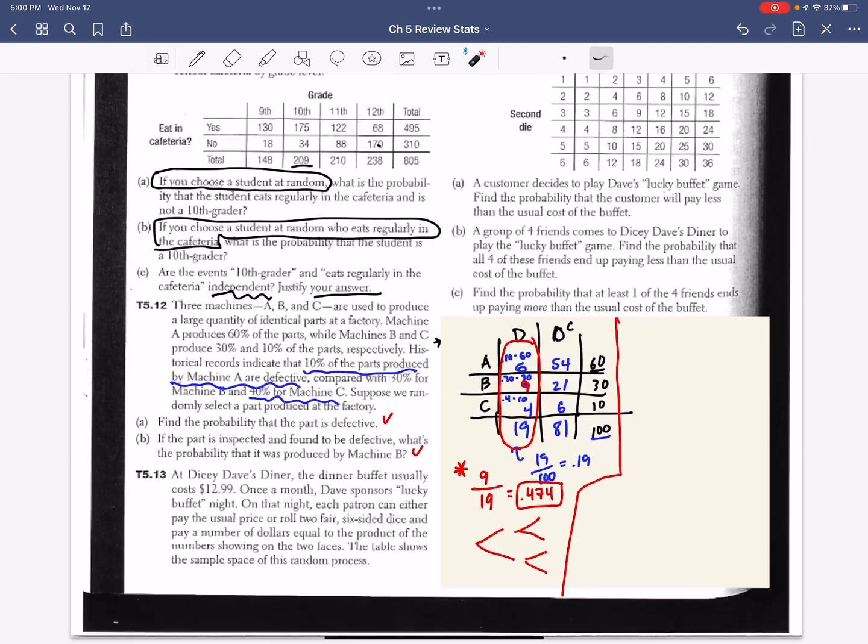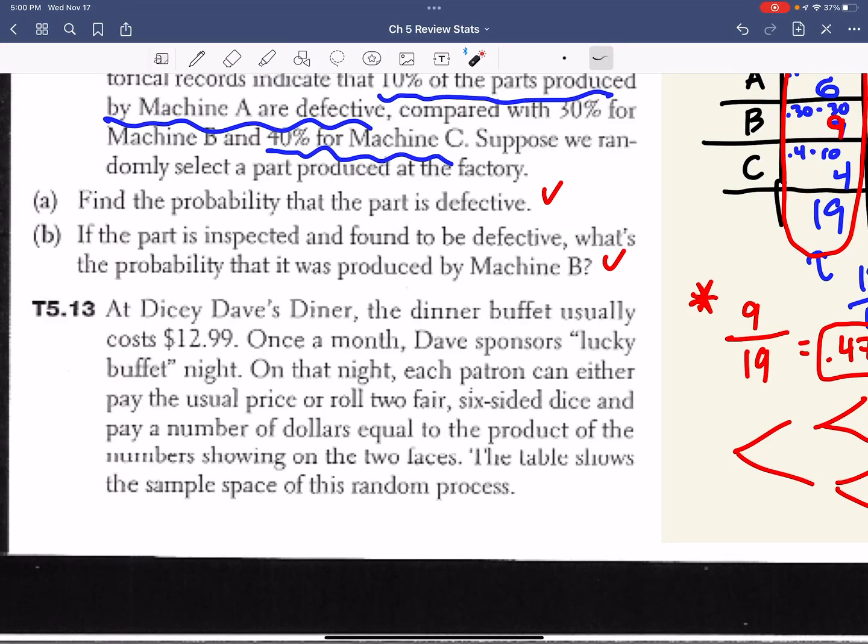we're like, ooh, if I end up rolling a 1 and a 1, then it sounds like maybe I only pay $1 for this. So again, let's read it again just to make sure we understand the rules of the game. At Dicey Dave's Diner, the dinner buffet, that's the typical price. Once a month, Dave calls it the Lucky Buffet Night. On that night, each patron can pay the usual price, so you can pay the $12.99, or you can roll the 2 fair 6-sided dice and pay the number of dollars equal to the product.